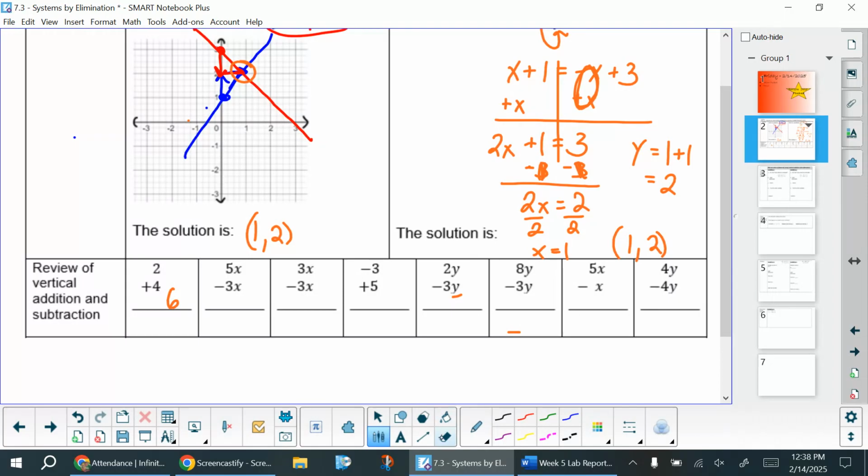Feel free to pause the video and go on ahead here if you'd like. 5x minus 3x is 2x. 3x minus 3x just gives us 0. -3 plus 5 gives us 2. 2y minus 3y is -y. -1y, but we don't write the 1. 8y minus 3y is 5y. 5x minus x is 4x. And 4y minus 4y gives us 0. So when we're subtracting or adding variables up and down, we're still just combining like terms.